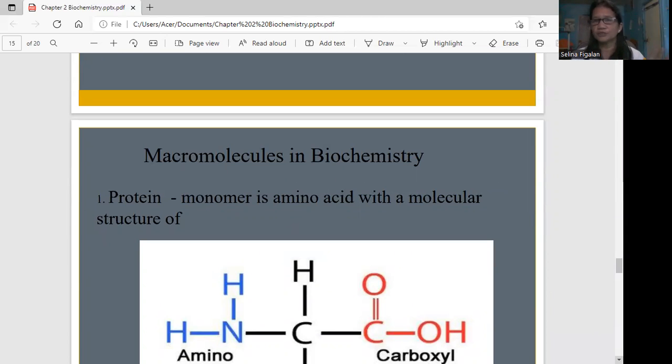There are 4 macromolecules in biochemistry, as I have said. These are protein, the lipid, the nucleic acid, and then the other one, which is the carbohydrates. Each of these macromolecules has a discussion in your module, in your syllabus.